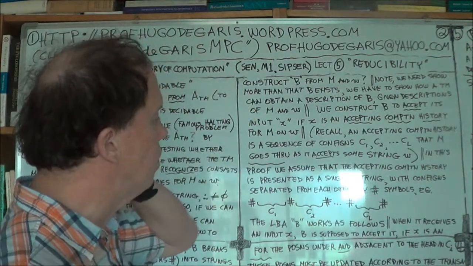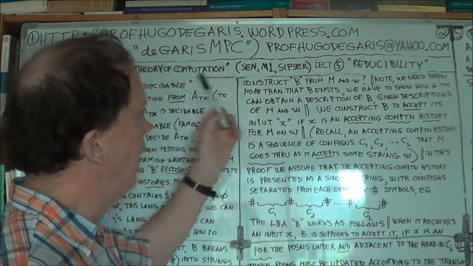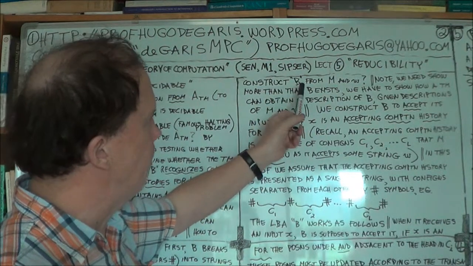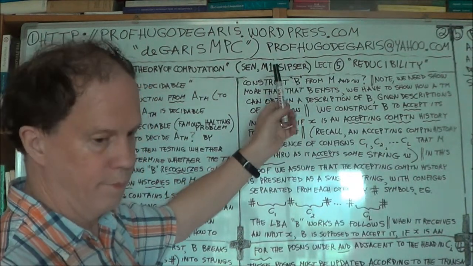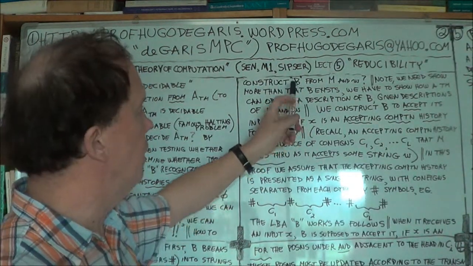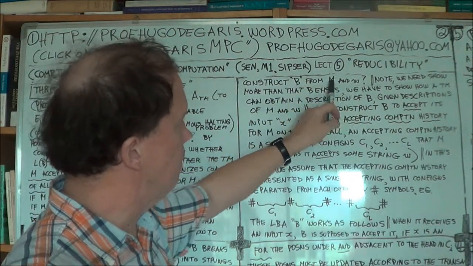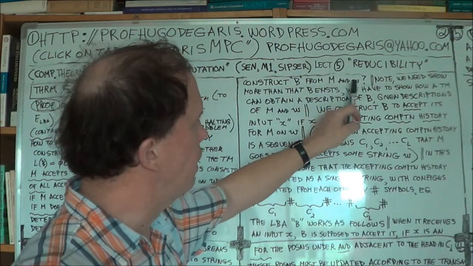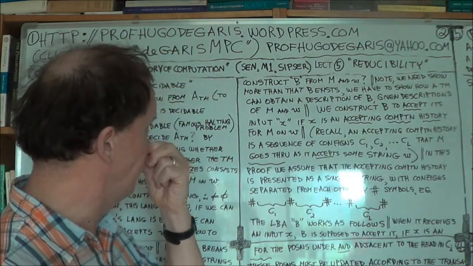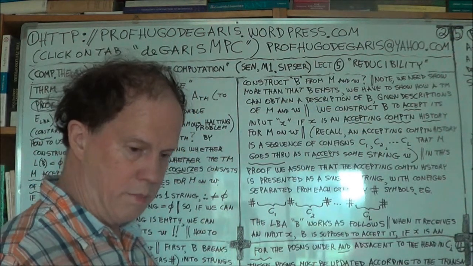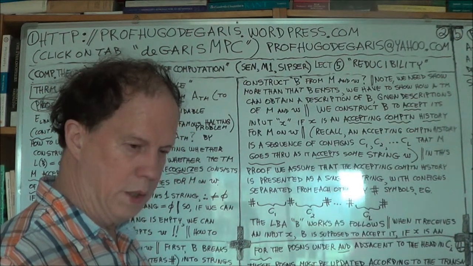Now we get into more of the details of how to construct B, this smaller, if you like, Turing machine, that has from M and W. So perhaps I talk a bit about the reduction.